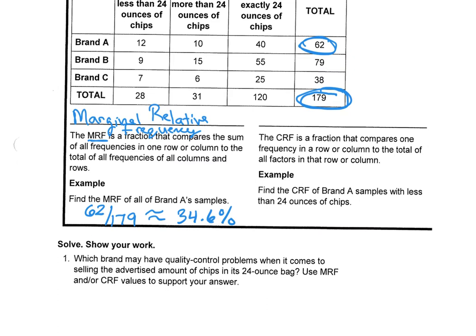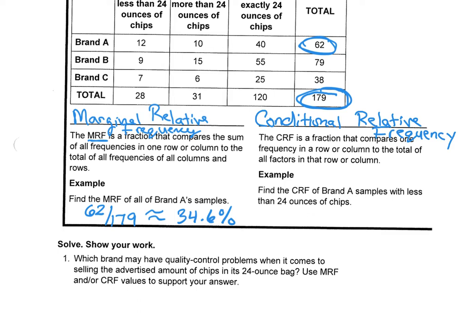The other one is conditional relative frequency, and it's abbreviated CRF, conditional relative frequency. Okay, and that is the fraction that compares one frequency in a row or column to the total of all factors in that row or column.